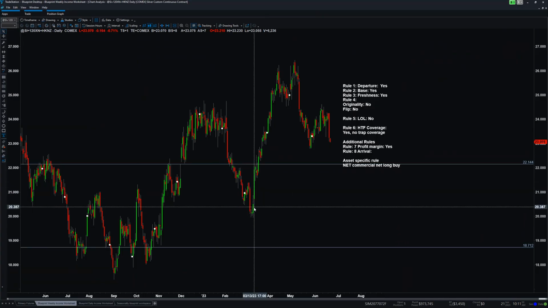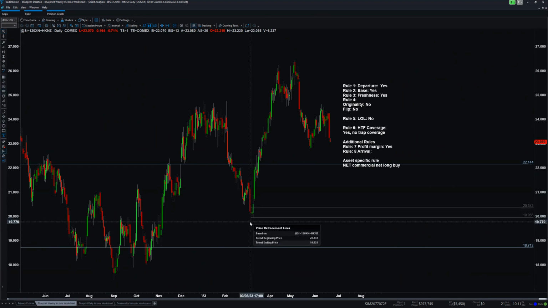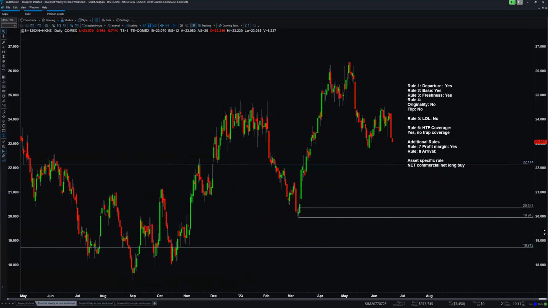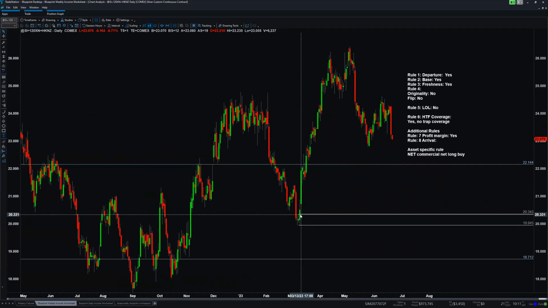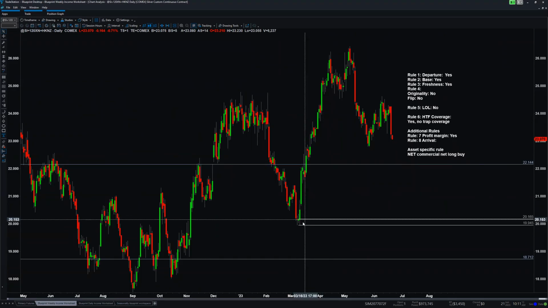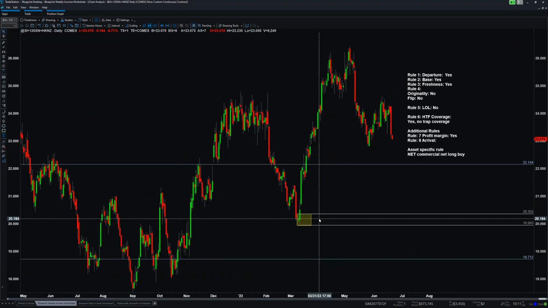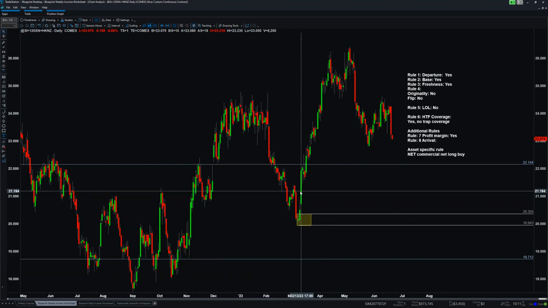And then here, and then again, the same scenario that we had previously where in this case, I'm going to take the wider version, not the preferred of that drop base rally, because it makes the zone a little bit larger, which is otherwise just too small. So this is the first zone that I see, right? Drop base rally. This is my explosive green candle, very obvious, visually jumps into my eyes.